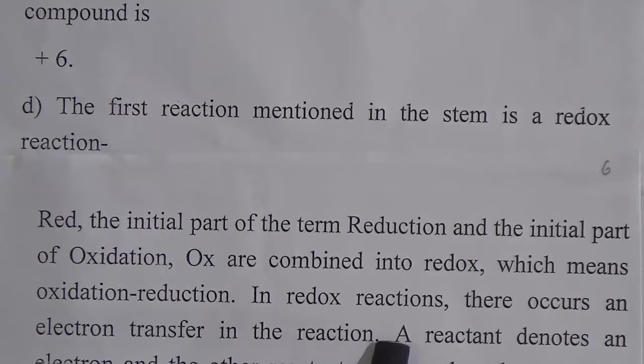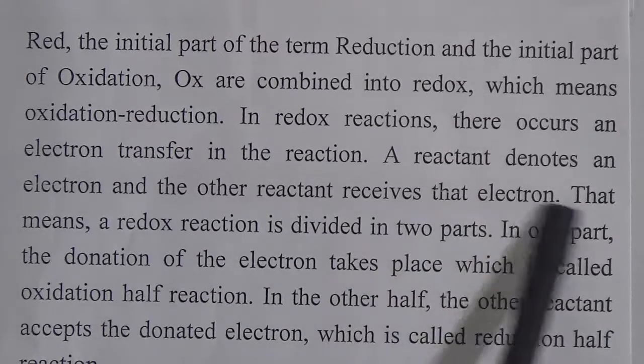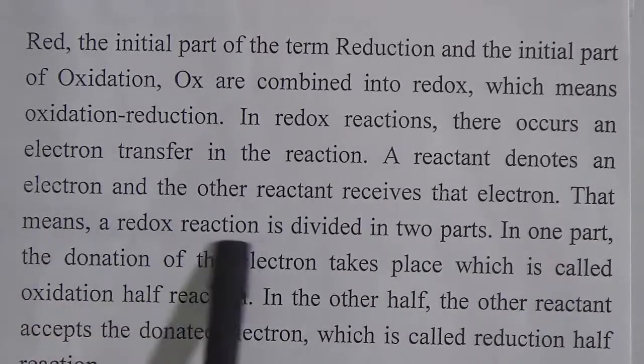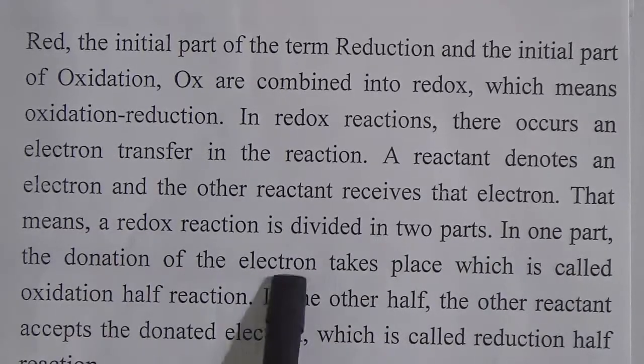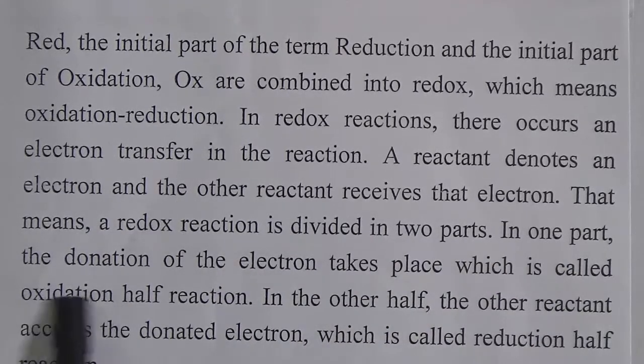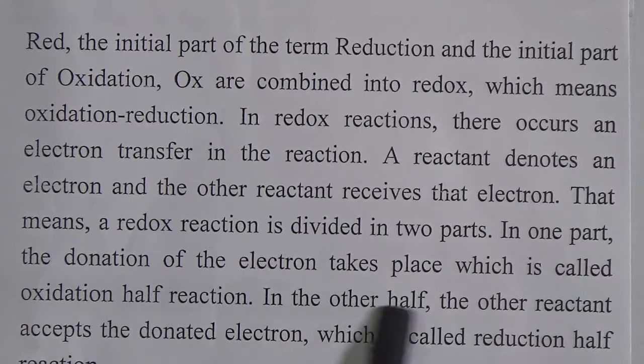A reactant donates an electron and another reactant receives that electron. That means a redox reaction is divided into two parts. In one part, the donation of electrons takes place, which is called the oxidation half reaction. In the other half, the other reactant accepts the donated electrons, which is called the reduction half reaction.